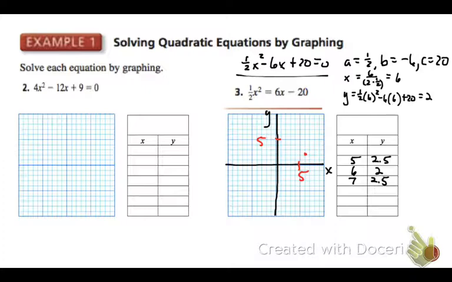So if we go ahead and graph those 2 points, 5, 2.5, and 7, 2.5, we can see that it's just going to hang up in that first quadrant, and so it will not cross the x-axis. So we have no real number solutions.